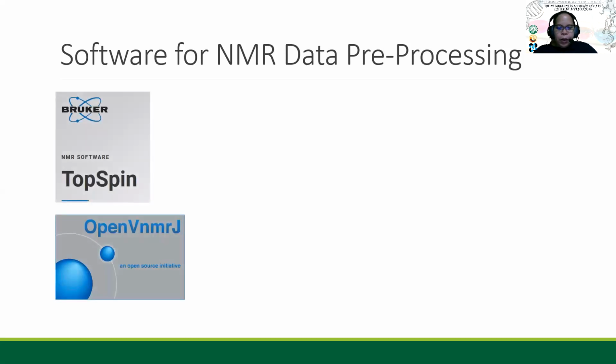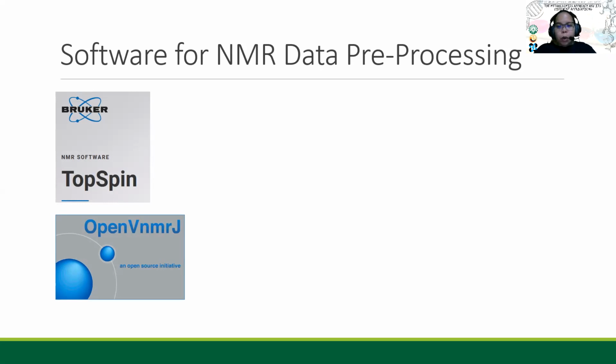Okay, so software for NMR data preprocessing. Of course, there are those that are more based on the instrument that is used. So TopSpin will be for Bruker. I think you can also use it for the analysis of data formats from other vendors or manufacturers.